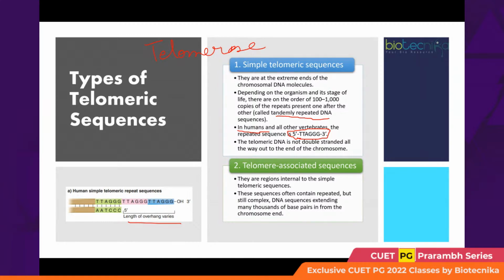Yes, some responses. Right, Jason, you have heard of it? So, what does this telomerase do? This telomerase is responsible for the replication of the telomere. That's why it is called telomerase.